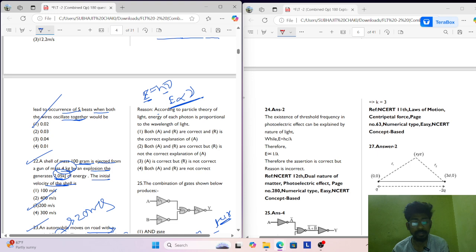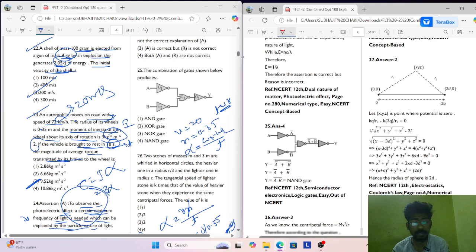Okay, so this is correct. The assertion was also correct, but the reason cannot explain it. The assertion is about the certain minimum frequency, that is the threshold frequency. That is not defined in the reason. Therefore, option number 2 will be correct. If it were related to the threshold frequency, the reason would have been correctly explained in the assertion.